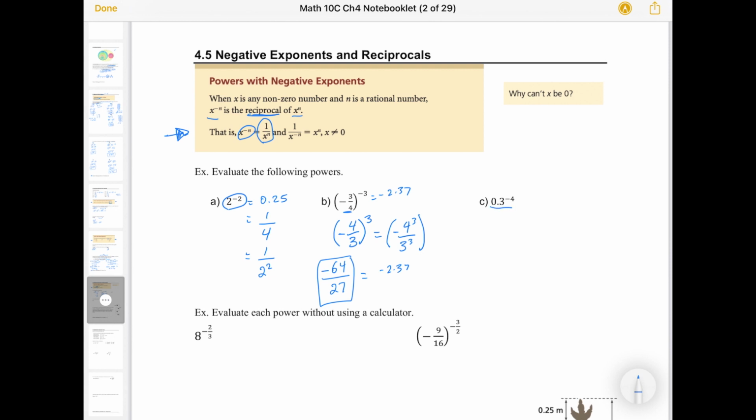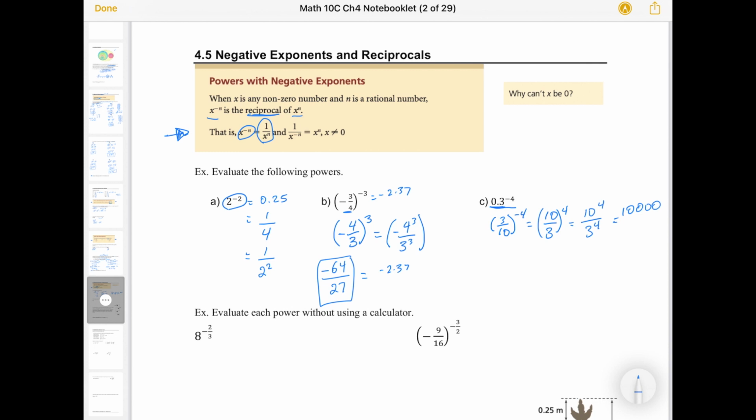Okay, if I've got a decimal to a negative exponent, I can write 0.3 as 3 over 10 to the negative 4, and I take the reciprocal, 10 over 3 to the positive 4, and I end up with 10 to the 4 over 3 to the 4. Well, 10 to the 4 is 10 with 4 zeros.